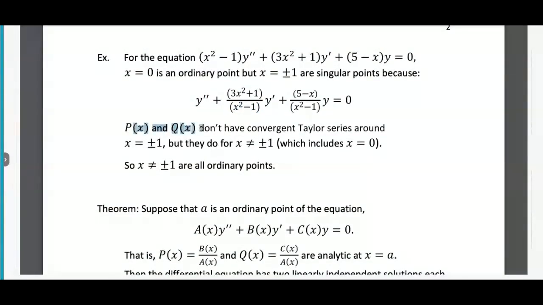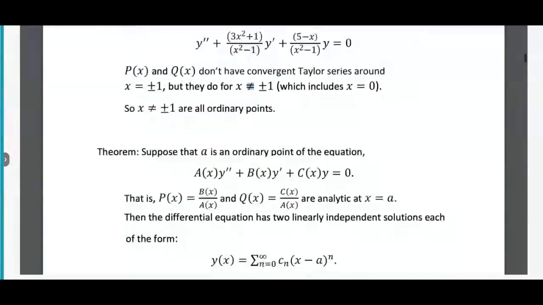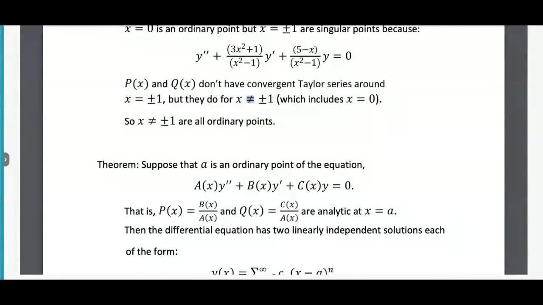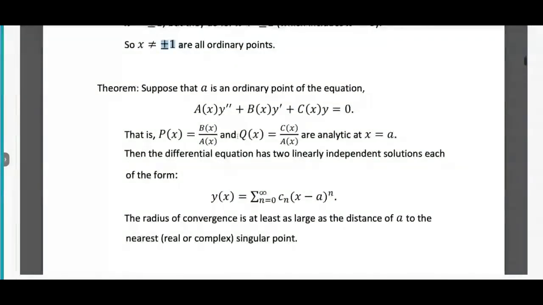So P of x and Q of x don't have convergent Taylor series around plus minus 1. So we won't be able to write them as a power series. But if x is not equal to those two, we are able to do that. So we call plus minus 1 singular points, and the other points are all ordinary points.